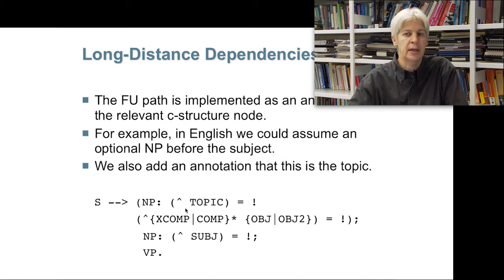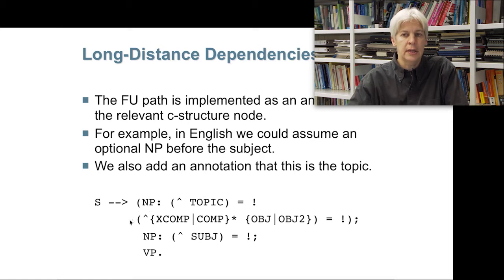Usually when you get this type of long-distance dependencies, well, not usually, but often there is some kind of information structural phenomena involved. In this case, we'll call it topicalization, and we'll annotate that here. We'll say whatever this NP is the topic.